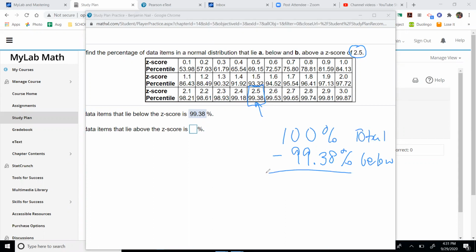So if we subtract, 100 minus 99.38, we get 0.62, or 0.62%. That would be the percent of data that would be above that mark.